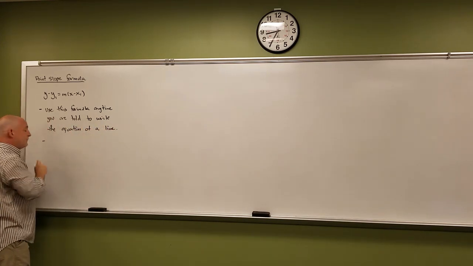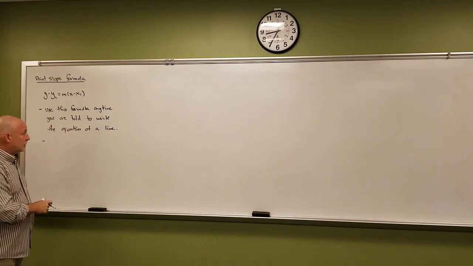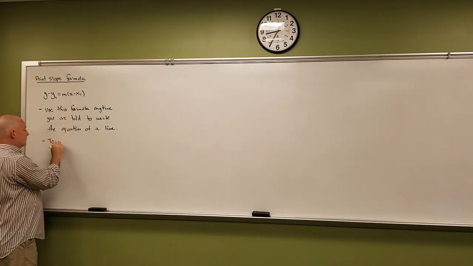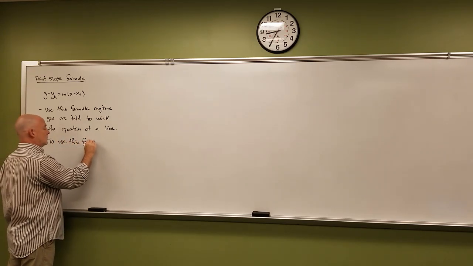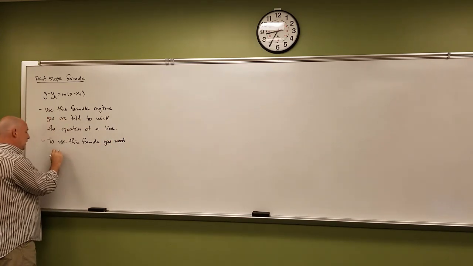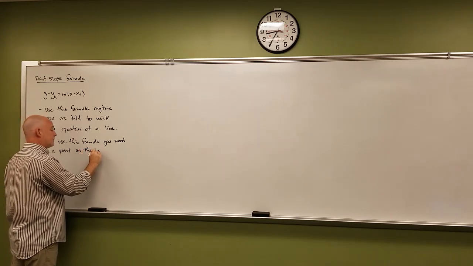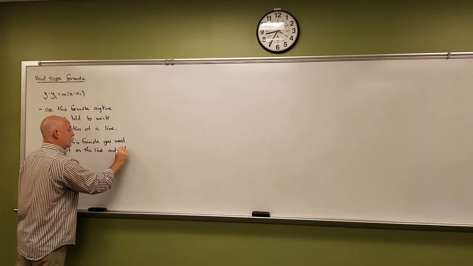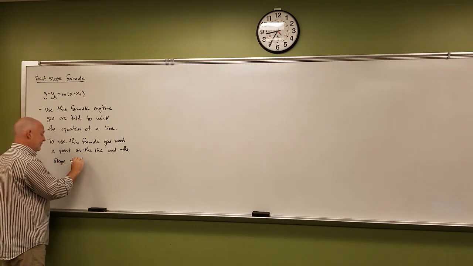Now, like any formula, you need to have some information to plug into this formula. So to use this formula, you need a point on the line and the slope of the line.